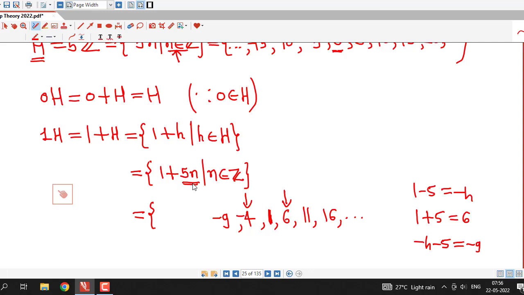and that will correspond to n equal to minus 2. Similarly, for n equal to minus 3, we will have minus 14, and so on. This is an infinite set.